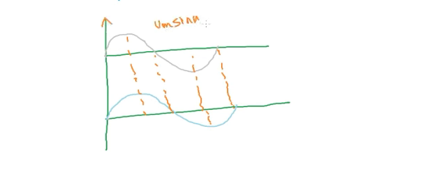You can use a different color for representing current. Okay, this is Vm sin omega t and this is Im sin omega t.